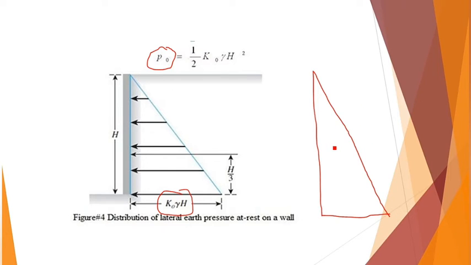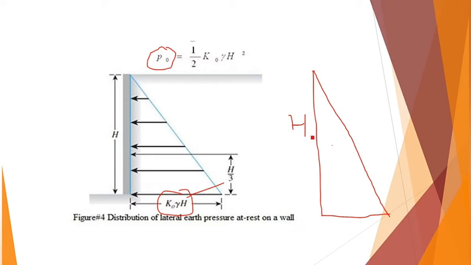The effective stress on any particle of soil keeps on increasing as you move below. So here the effective stress or pressure will be 0 and here it will be maximum, which is K naught gamma h, where K naught is the coefficient of lateral earth pressure, gamma is the density of soil and h is the height of the retaining wall. So this is K naught gamma h, this is h. This is the lateral earth pressure.